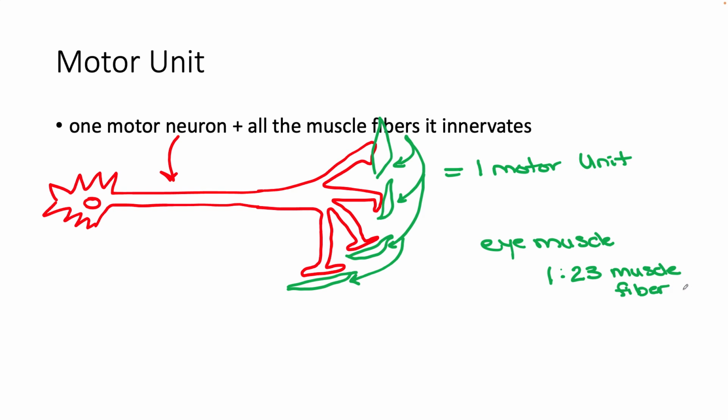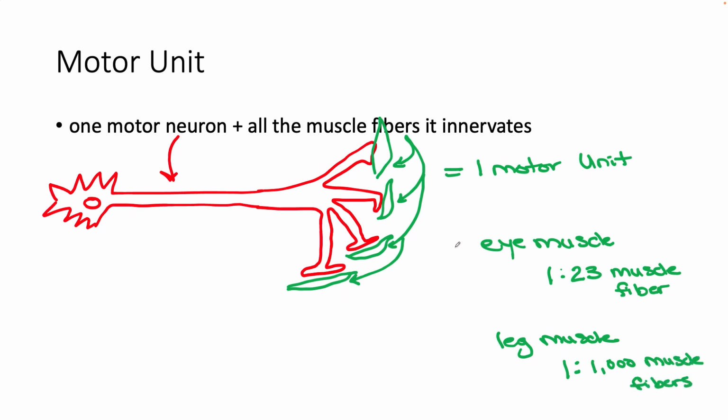A muscle fiber is a muscle cell. And so you only have 23 of them, and they're microscopic. And so these are tiny little motor units. The muscle in your leg, like the big muscles in the front of your legs, like the quads, you would probably have 1 neuron and about 1,000 muscle fibers in 1 motor unit.